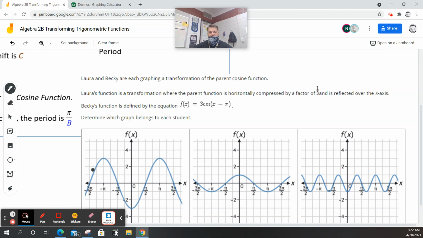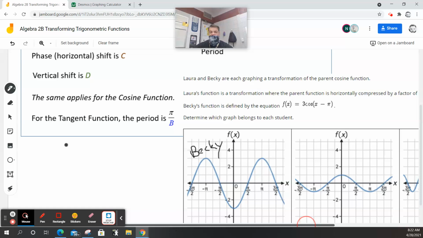So basically we have to label these. This first function here, this is Becky. And there's only 2 people. They want us to identify which graph belongs to each student, so one of these does not work. Well, when we horizontally compress something, what horizontally compresses something by a factor of 3?